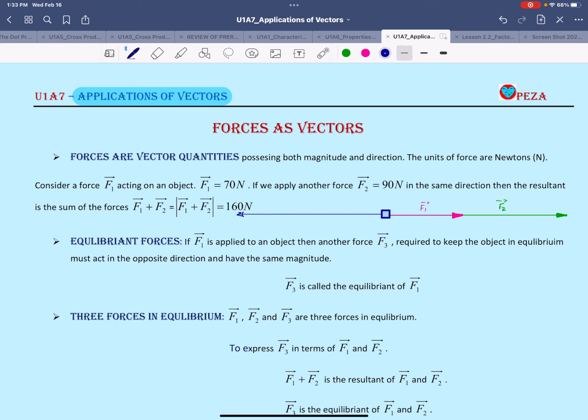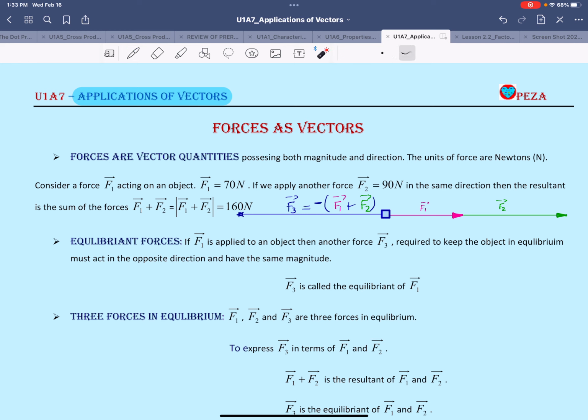Equilibrium means balance. We're going to call this the force F3. We'll say that the force F3 must be equal to F1 plus F2 in magnitude, but opposite in direction, so minus.